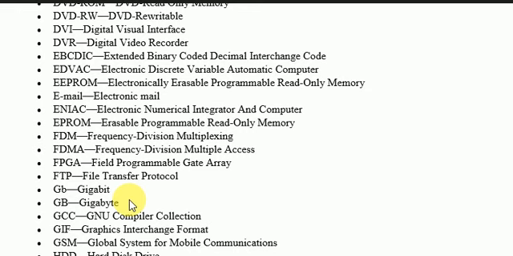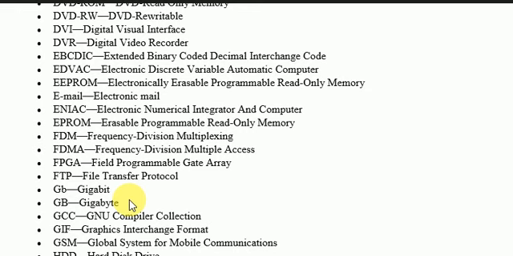So if the b is small, it indicates bit, and if B is capital, it indicates byte. This is a very important point, because one capital B is equal to 8 small b. In another way, 1 byte is equal to 8 bits. In the next lecture we will discuss this in detail.